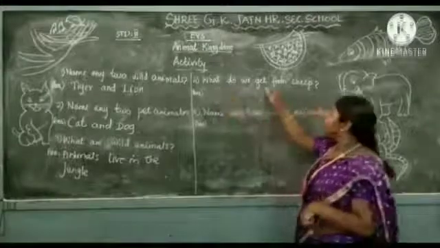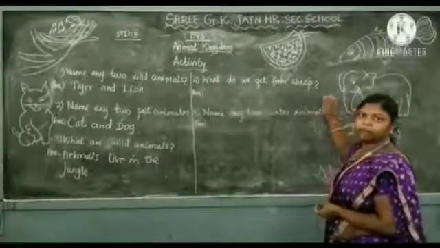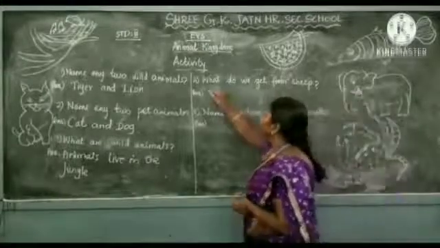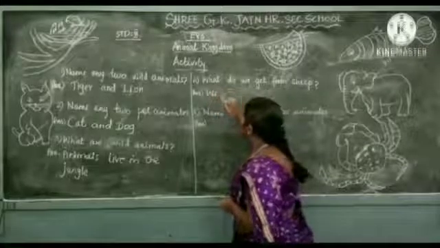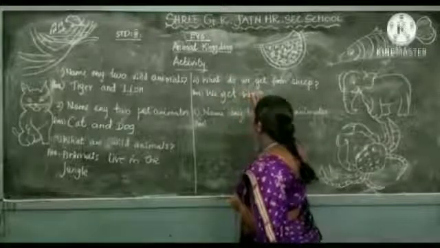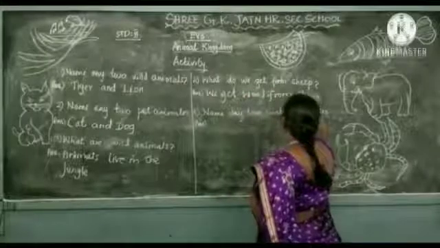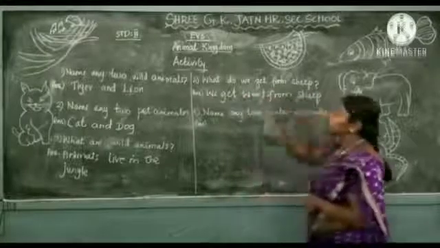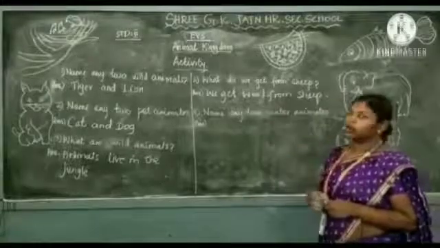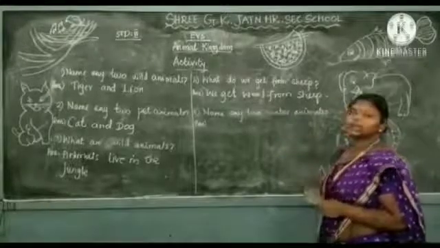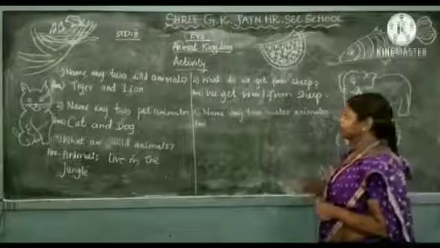4th question. What do we get from sheep? We get wool from sheep. So from the wool we are getting woolen clothes. We can make woolen clothes from the woolen fiber.